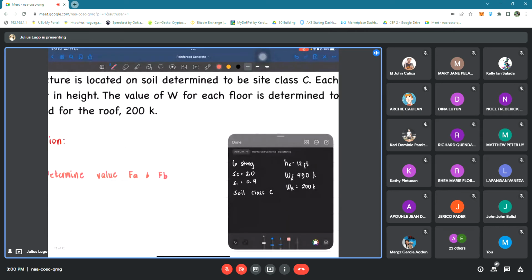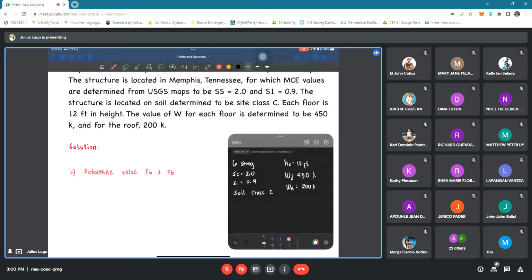Okay. So determine the values of your Fa and Fv. Now, what I want you to do is to check your copies, guys. Go to table D.1. So, go to table D.1.